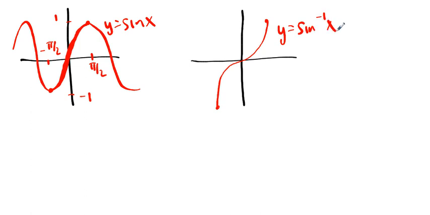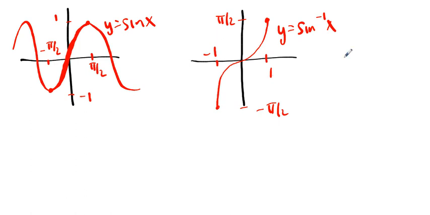This is called the inverse sine function, whose domain goes from negative 1 to 1, and whose range goes from minus pi halves to pi halves. The trick here is that this function is smooth, and smooth functions have derivatives. So we must be able to find the derivative of the inverse sine function, and it's actually not too bad.